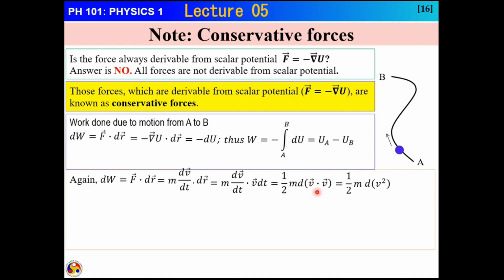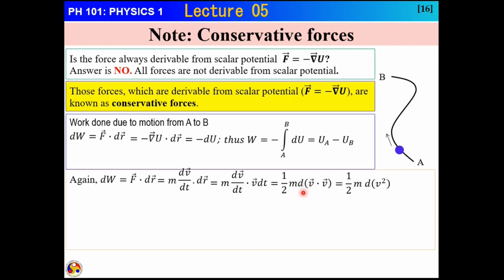Sorry, I think I missed the derivative here. Oh, no, I have not missed anything. Sorry, it's my mistake. Here dt and dt are gone, so it's fine. So this can be written as half m d, here it will become v dv dot v.